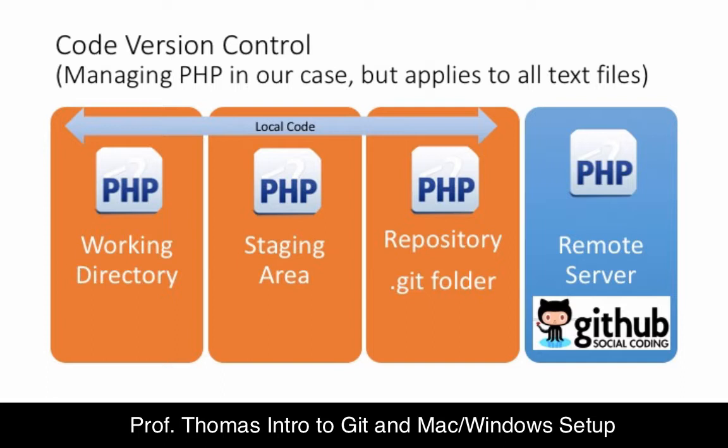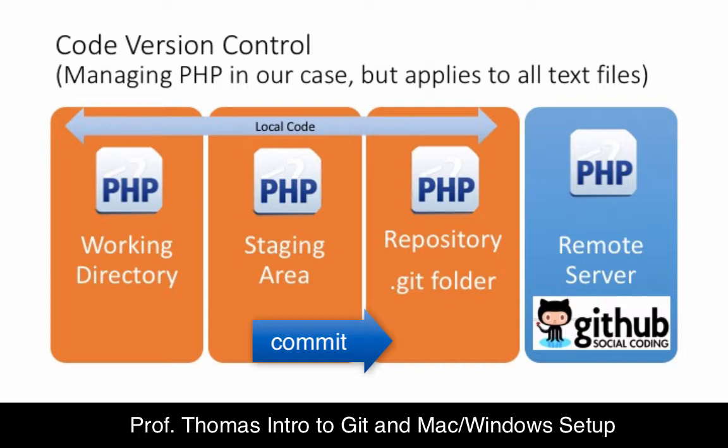After we've built up a fair amount in the staging area, let's say we think we've finished writing a certain function, we would run a git commit statement. And the git commit statement would have a little comment on it that says, okay, we finished writing this function. And we'd name it.